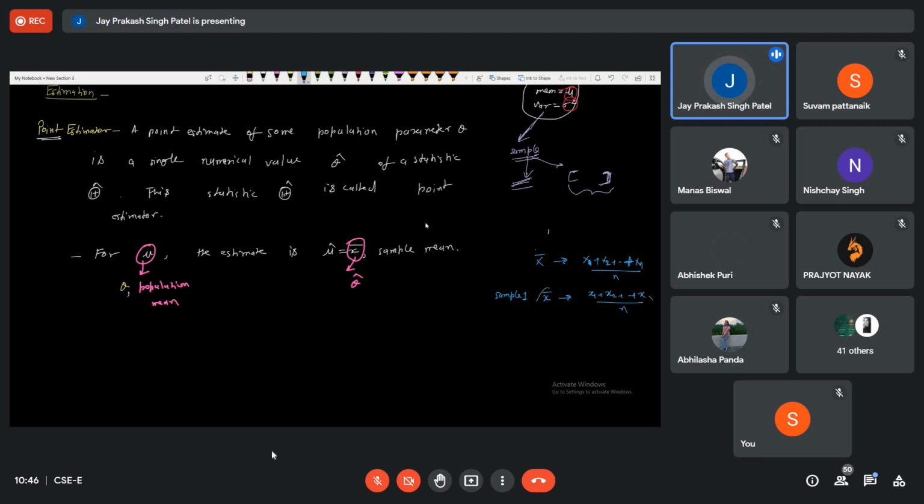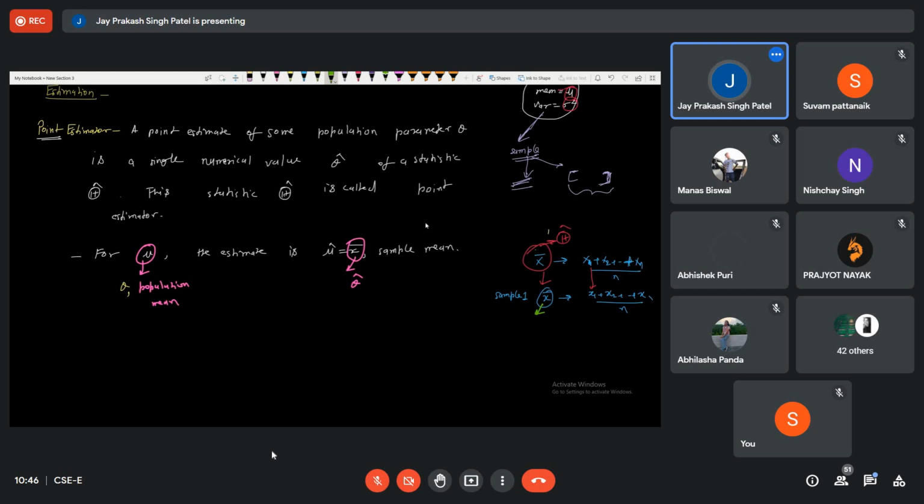So this x bar is the estimate because I draw the sample for the first time and I got these many observations. So here the value of capital X1 is little x1. This little x1 is the realization of the capital X1, because x bar here you can think of as capital script theta, right? This one is the estimator, and when we draw the sample, we get the realization of that, and this is now the estimate.